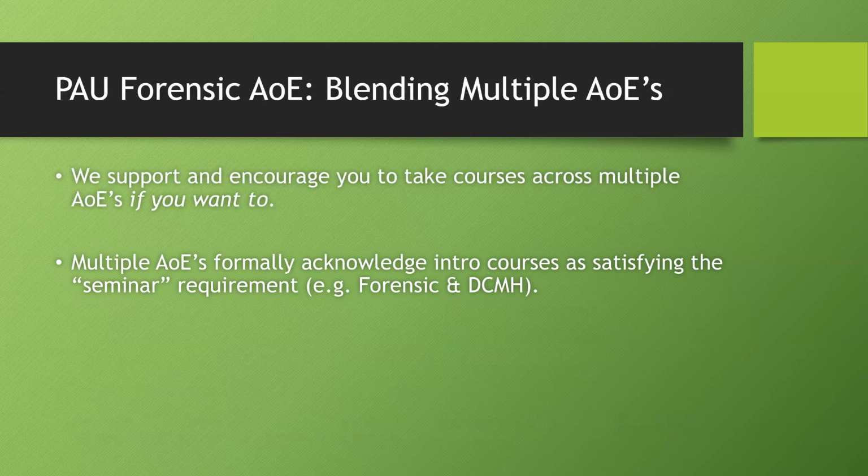I can't imagine a class that I think DCMH people need more than our forensic class. And I can't imagine too many classes that our forensic folks should have other than community mental health and diversity courses. So that's just one of the places where we started to do that. And that's now spread to where this practice that I'm going to talk about here is shared among most, if not all, of the areas of emphasis, actually.